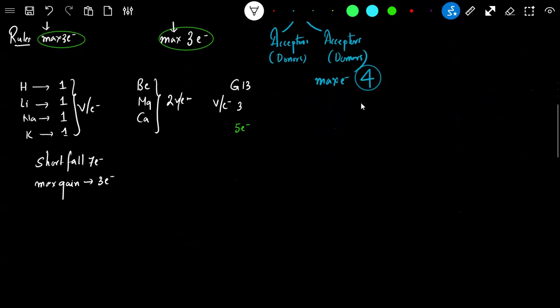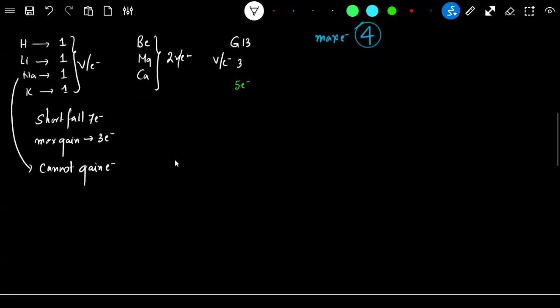They need 7 electrons. So their maximum gain can be only 3. So the rule is that finally we will say that they cannot gain electrons, but they want stability. So what is the alternate out there? Let's look at somebody called lithium. So let's look at lithium.